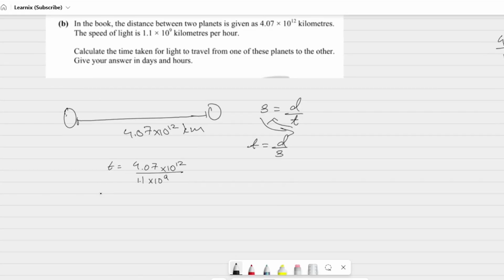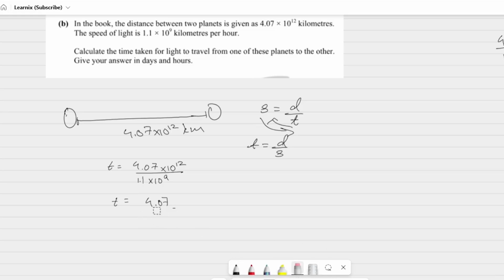Now what you would do is put this into the calculator and solve this, but for the example's sake, we'll do this separately. So what's 4.07 over 1.1? You can do that on your calculator as well, and you will get 3.7.